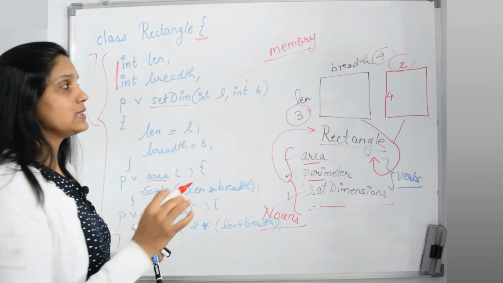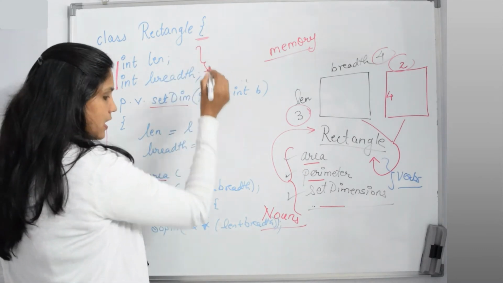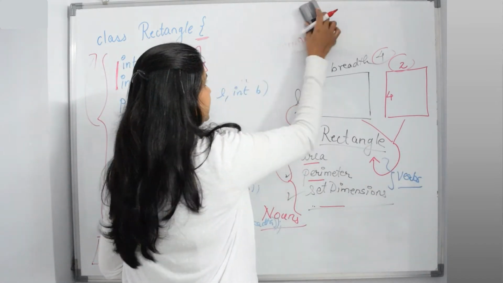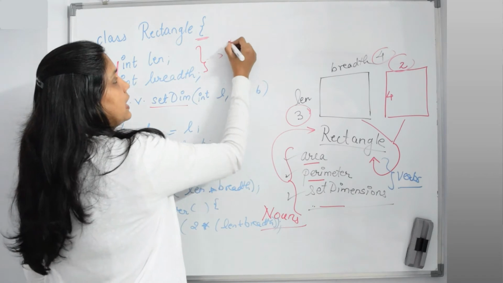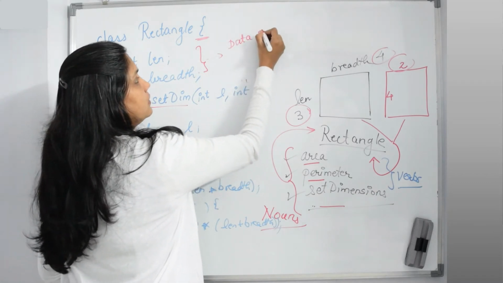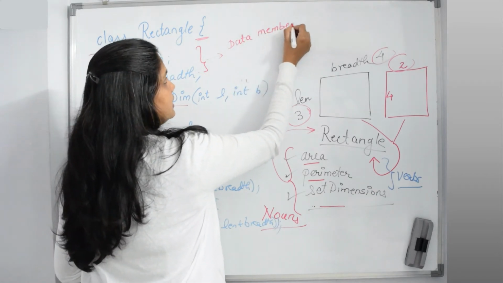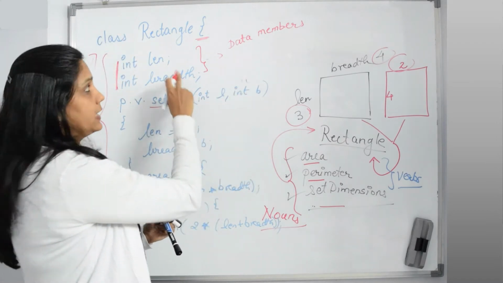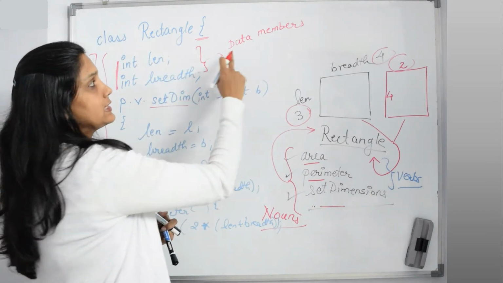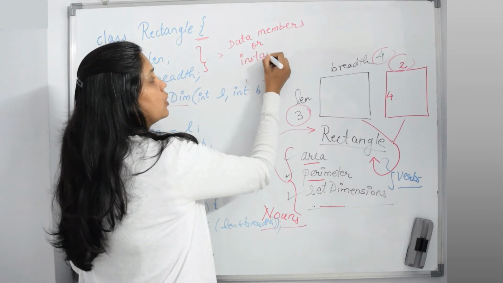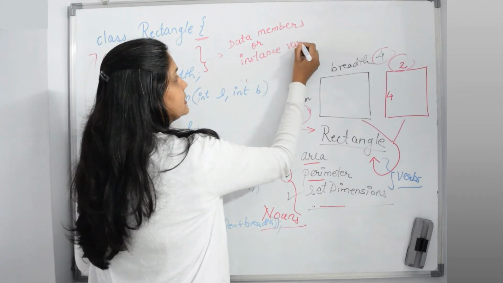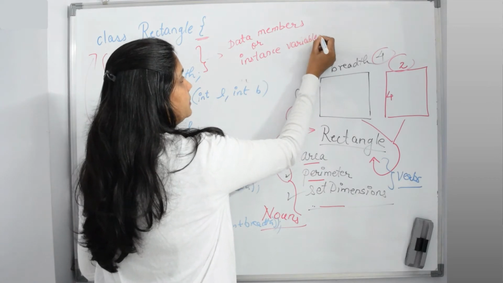So then I can say these are basically, so let me delete this. I can say these are data members of a class. They hold data and they are a part of a class, hence data members, or then these variables are also called as instance variables.